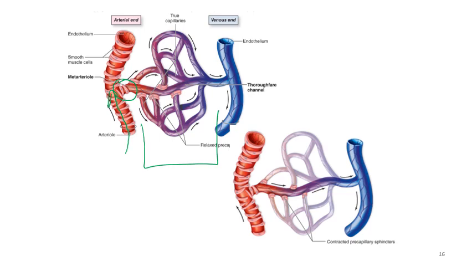We've got a thoroughfare channel here, and a thoroughfare channel is just a road that passes straight through the capillary bed. Okay. Off that thoroughfare channel, then branch all these actual capillaries. Okay, so these are your actual capillaries here. They've got little sphincters that close them off.